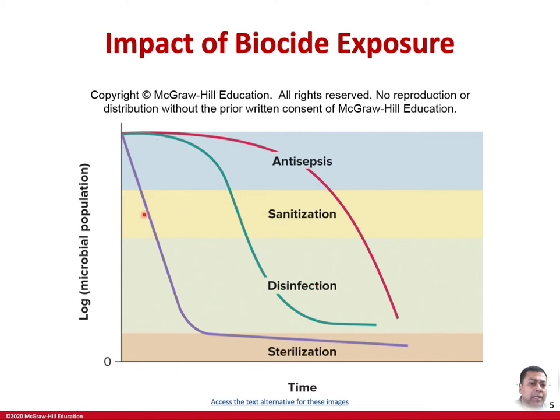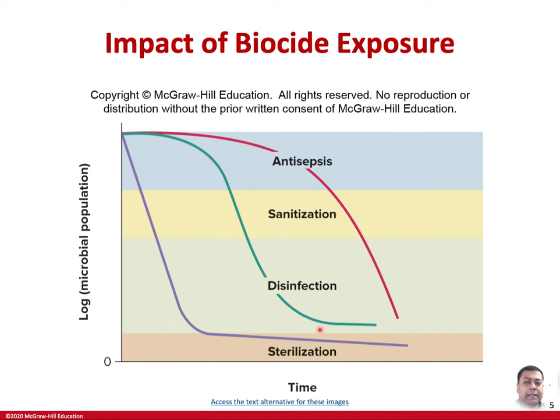If you look at that over a period of time, the Y scale is the log scale of the microbial population, and the decrease in microbial population is along the Y-axis over time. You can see that all three lines start from the same level of microbial population on a log scale. The first line drops rapidly in a straight line and then levels off at the sterilization level.